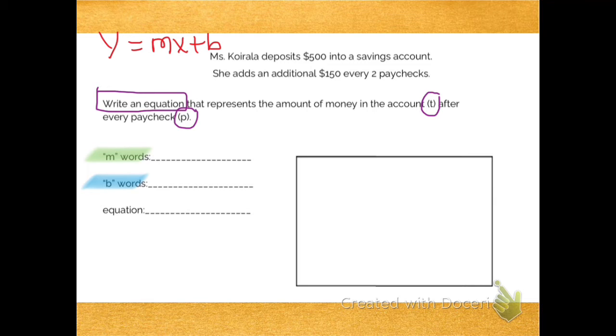So I'm just going to plug in the t, which is the total amount, for y, equals, m is still the same, and then p is your letter for x, and then plus b, okay? Depending on where we begin, and what happens to the numbers in the situation, we are going to have positive or negative m and b.